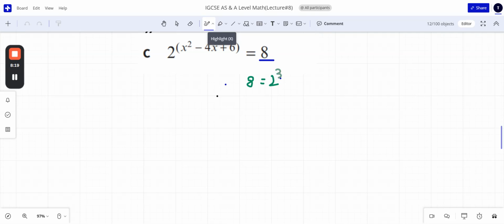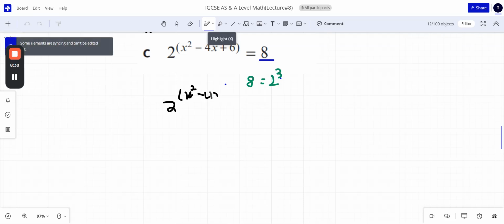Instead of 8 we will substitute 2 power 3. So here the base is 2 and the power is x squared minus 4x plus 6 equals 2 power 3.